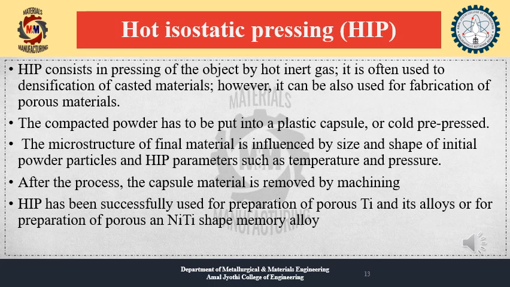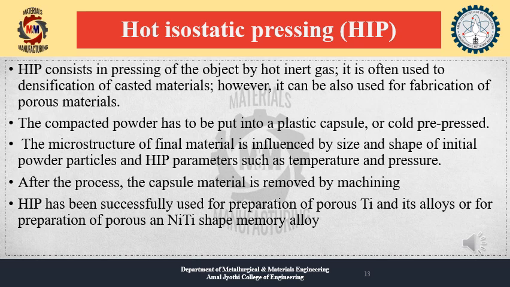Hot isostatic pressing (HIP). HIP consists in pressing of the object by hot inert gas. It is often used for densification of cast material. However, it can also be used for fabrication of porous materials. The compacted powder has to be put into a plastic capsule or pre-pressed.